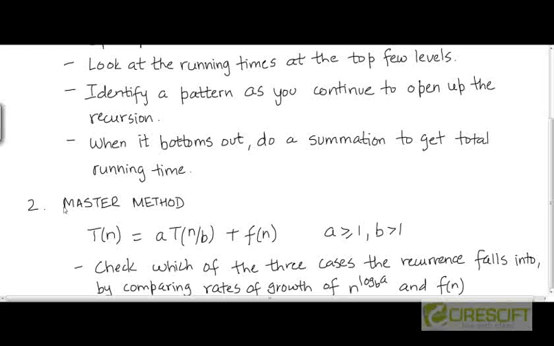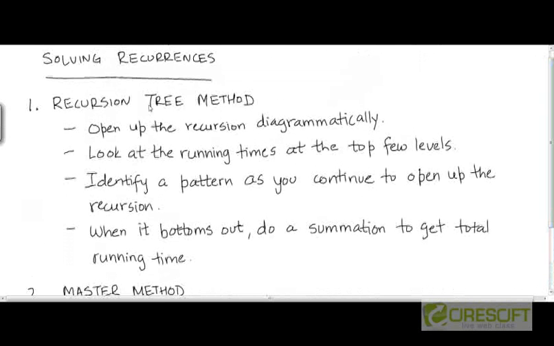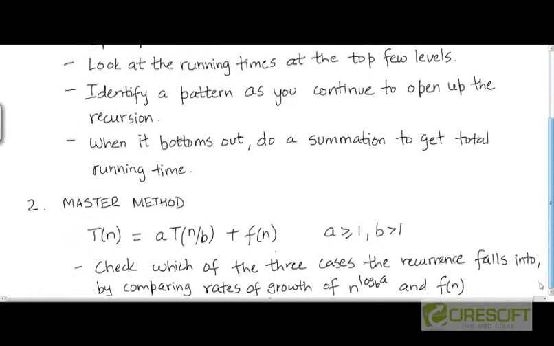The second method we used was the master method, which applies specifically to recurrences of the form T of n is a times T of n by b plus f of n. We proved the master theorem by using the recursion tree method and working out what these summations will be for different assumptions. These were different assumptions about the relative rates of growth of n to the power log base b of a and f of n.